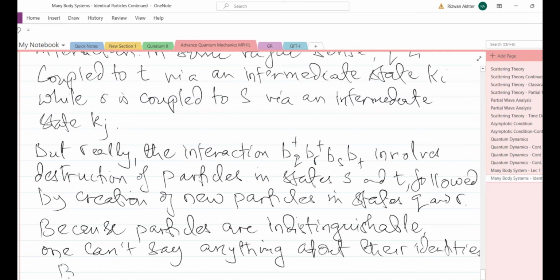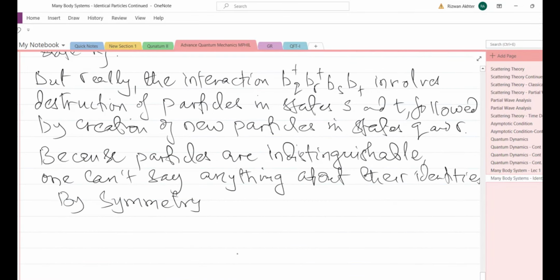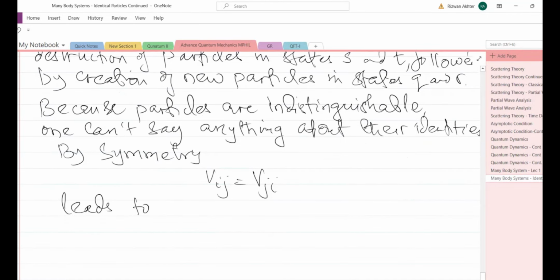And by symmetry, Vij equals Vji leads to QRVTS equals RQVST.